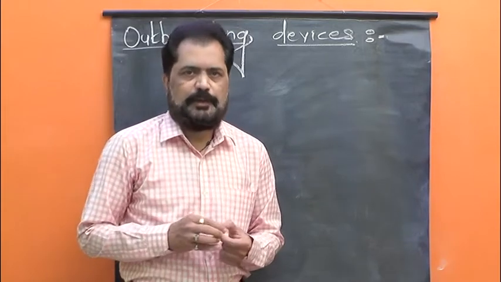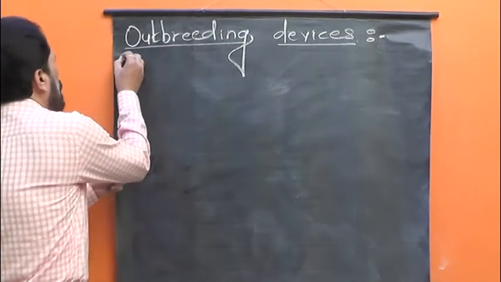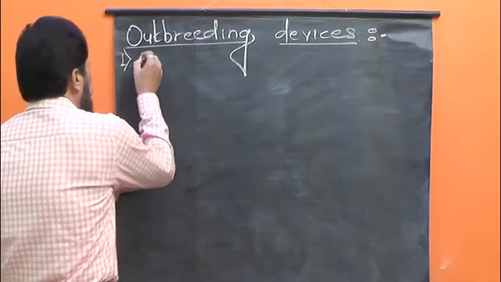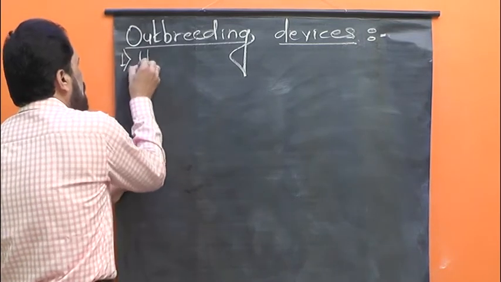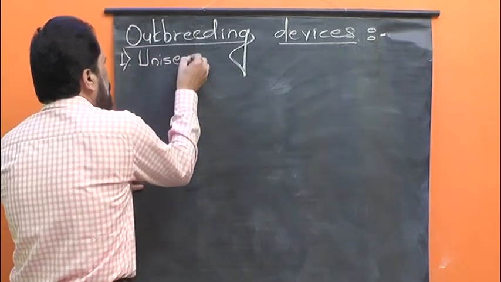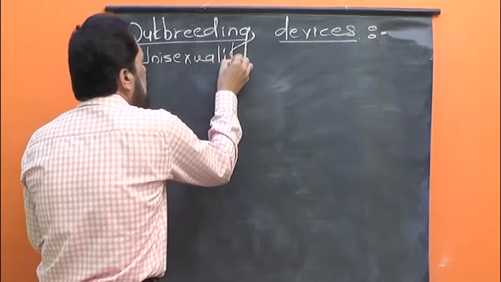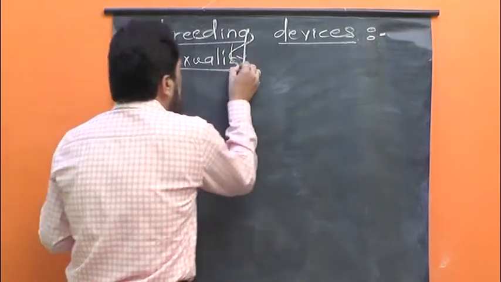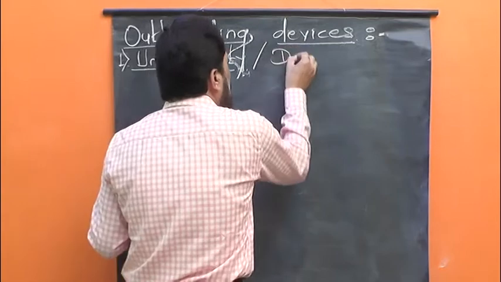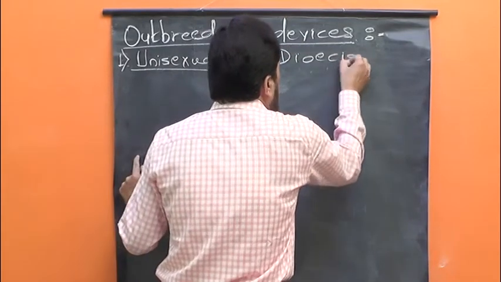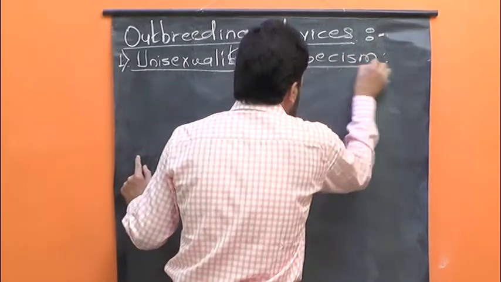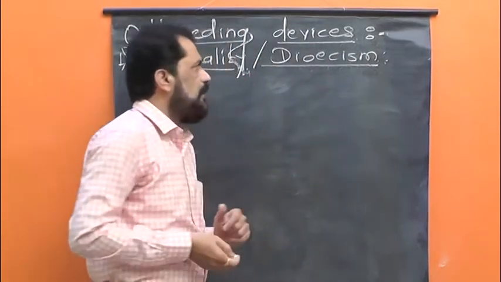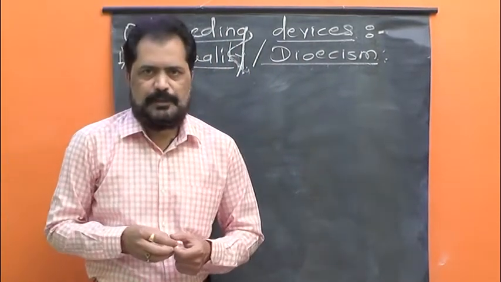Let us talk about each one by one. So, the first outbreeding device for our study is unisexuality, or we can say Dioecism. Name itself indicates unisexuality or Dioecism.